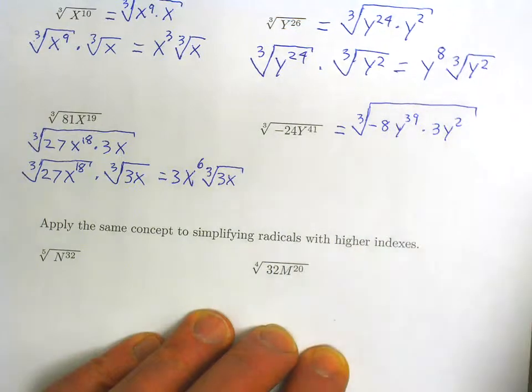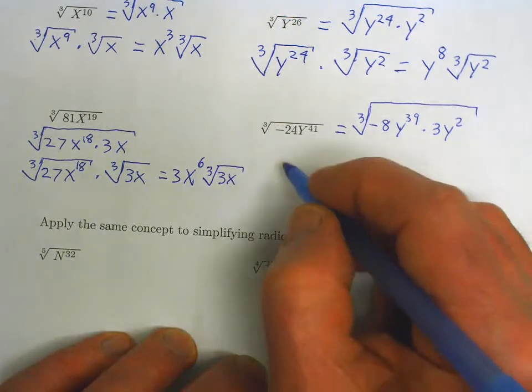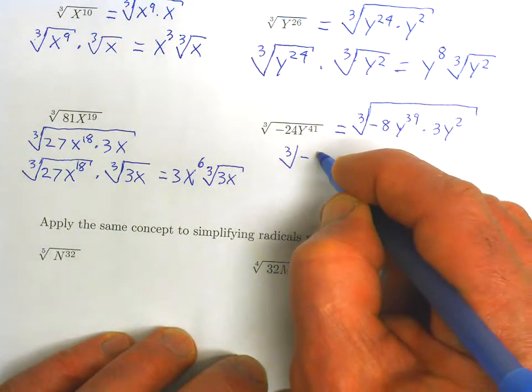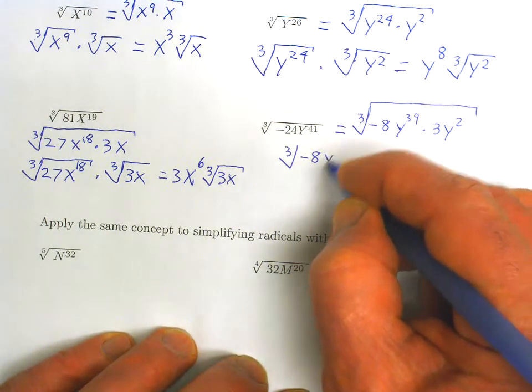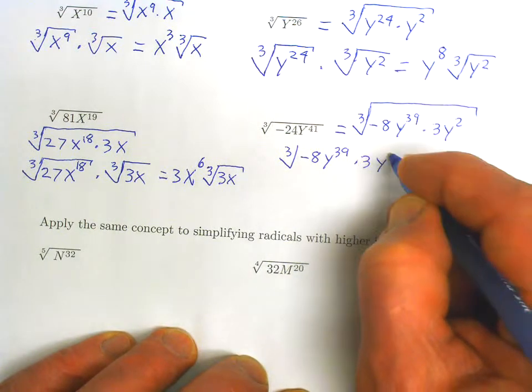cubed root of that. And then we'll write this as the cubed root of negative 8y to the 39th times 3y to the second.